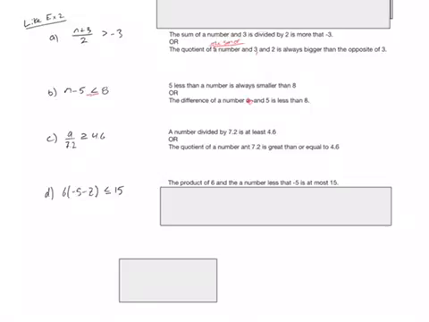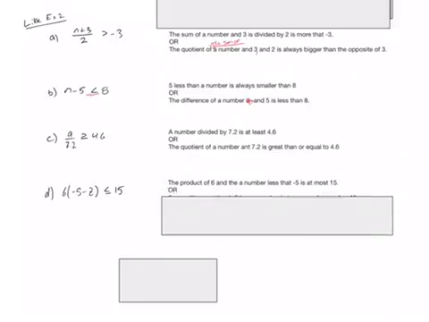Another one. The product of 6 and a number less than -5 is at most 15. Yeah, that works. Confusing, but it works. The product of 6 and a number less than -5, a number less than -5 is at most, it means it could be 15 or smaller than that.